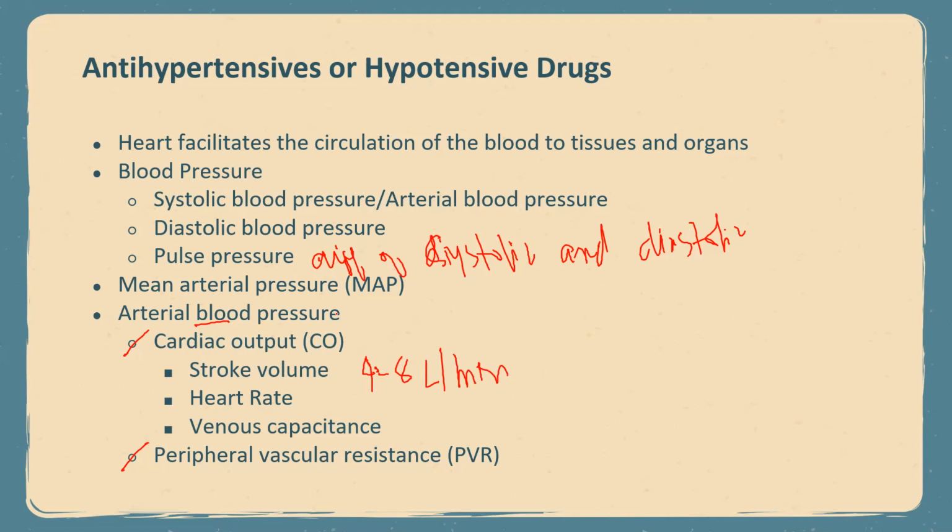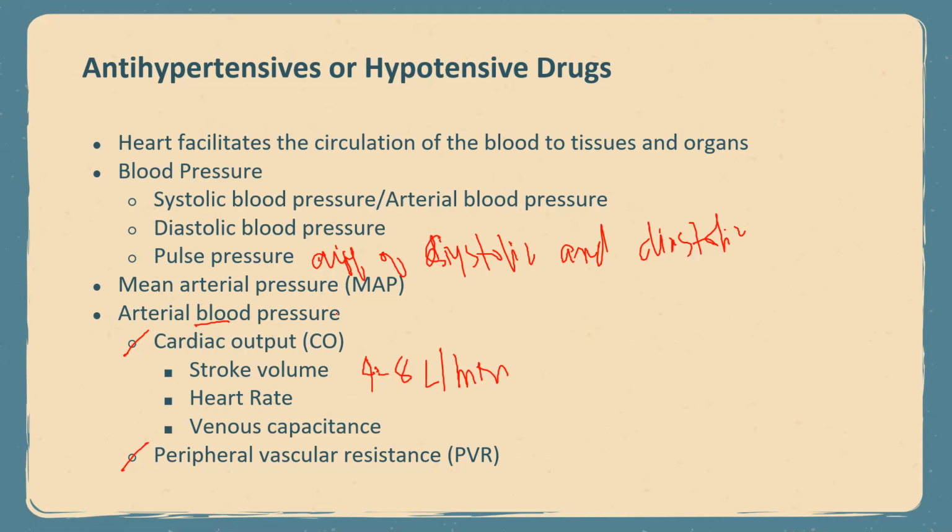The heart rate is controlled by the autonomic nervous system, while the venous capacitance is the capacity of the veins to return blood to the heart. Okay? Remember people that systolic blood pressure is increased by factors that increase the heart rate and stroke volume, while venous capacitance affects the volume of the blood that is returned to the heart throughout the central venous circulation.